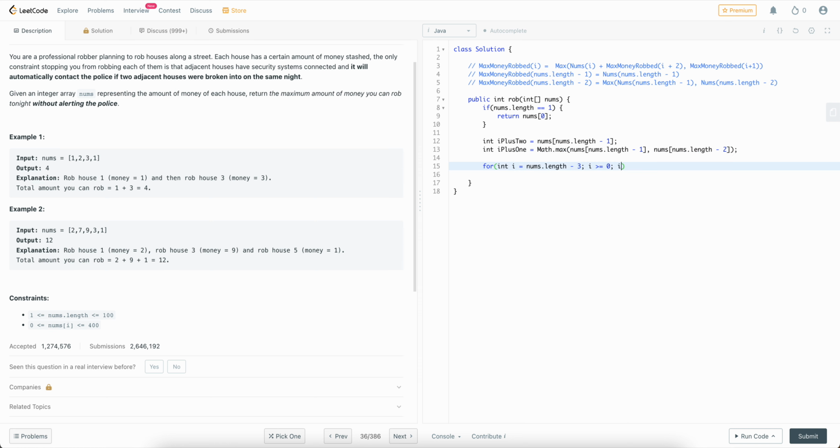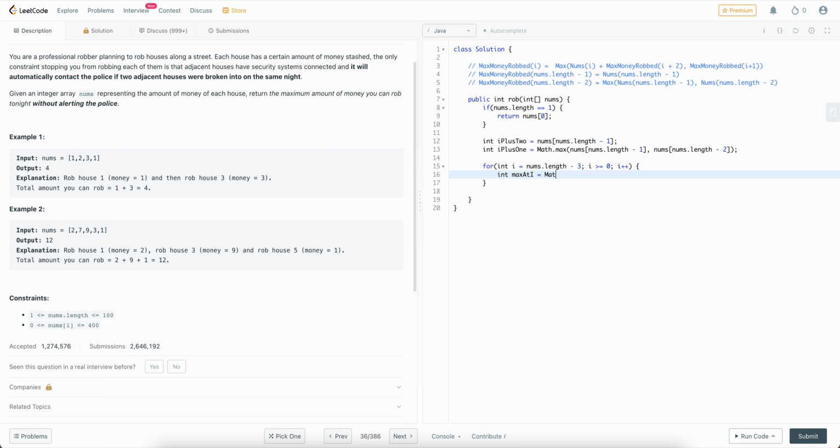And so we keep going till 0, I plus plus, and so what we do is, we say int max at I is equal to, we just basically use this formula.